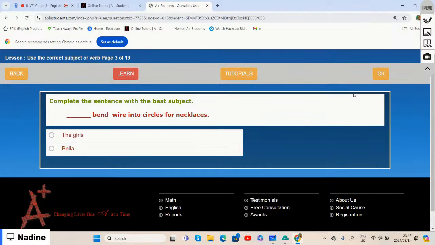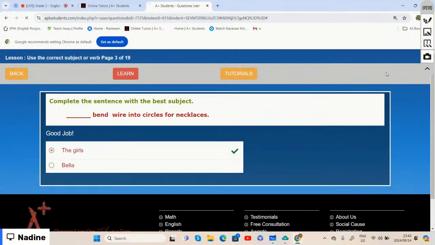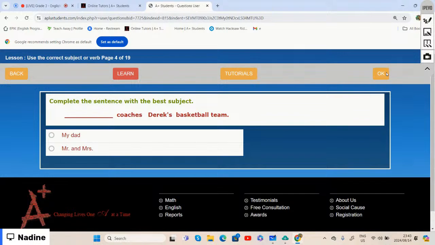All right. So we can then say the girls, referring to more than one person that bend wire into circles for necklaces. All right, let's look at the next one.